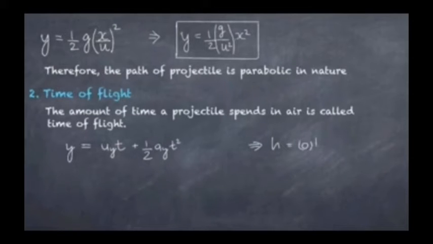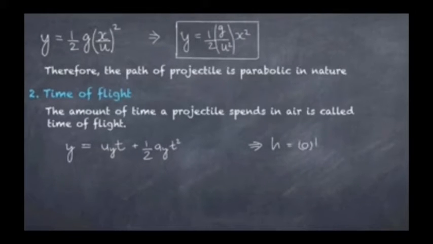The downward distance traveled by the projectile at a time t can be written as y is equal to u of y into t plus half a of y into t squared. Then y is equal to h, t is equal to capital T, u of y is equal to 0 and a is equal to g.